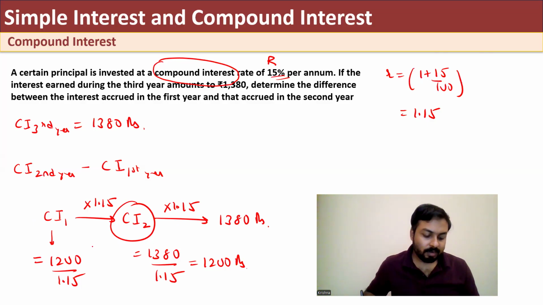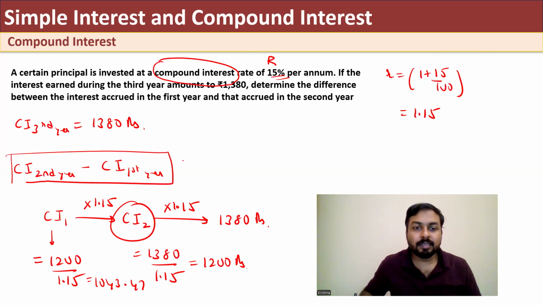If I do that, I'm getting 1043.47. And he's asking us the difference between the compound interest for the second year minus the first year. If I do 1200 minus 1043.47, I'm getting the answer as 156.52 rupees. That's the answer for this question.